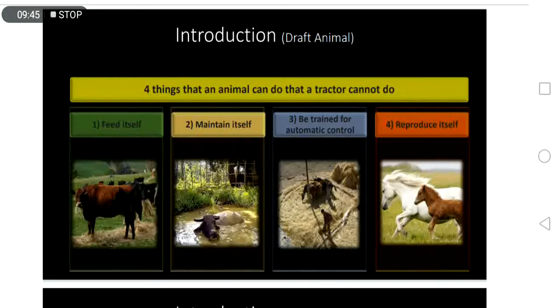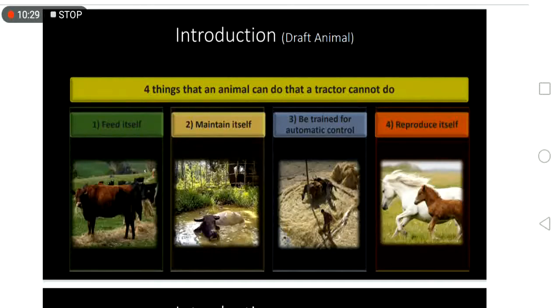They can go to water or to a pond just to relax, especially during hot days, or they can rest whenever they feel tired, so they can maintain themselves, while the tractors cannot. While you are using them, you also need a laborer or operator just to repair and maintain the tractor.